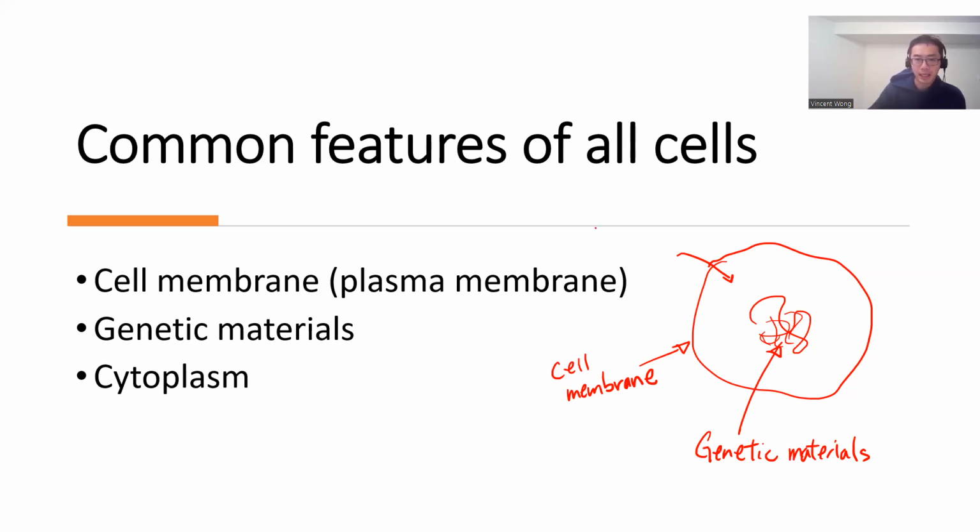That is what we call the cytoplasm. So those are the 3 common features of all cells. Even though they all look very different, different shape, different size, they will always have these 3 things.